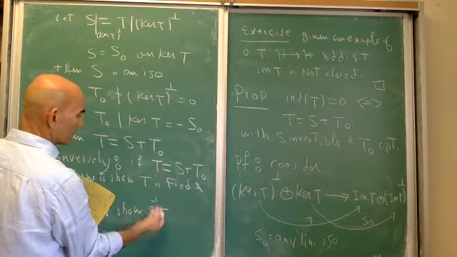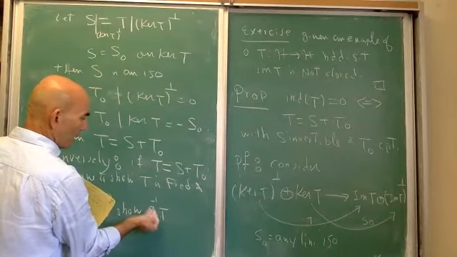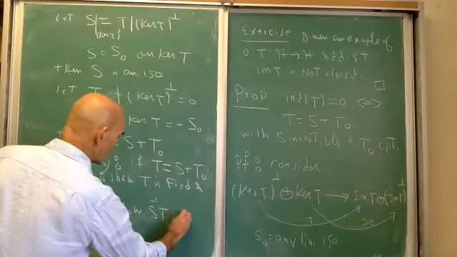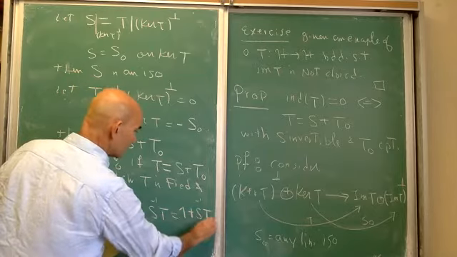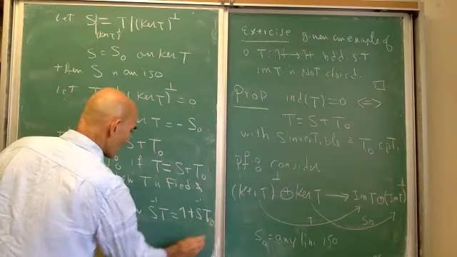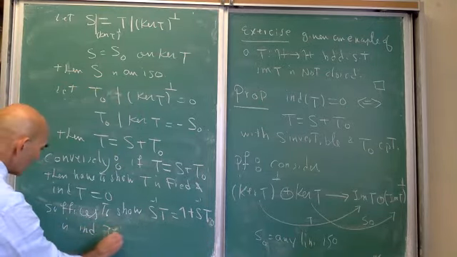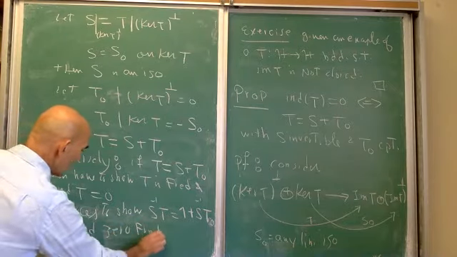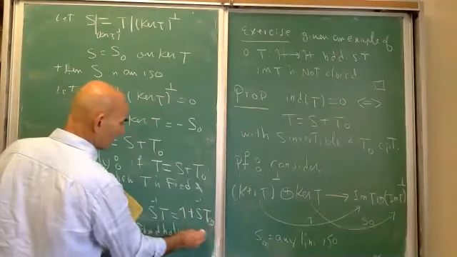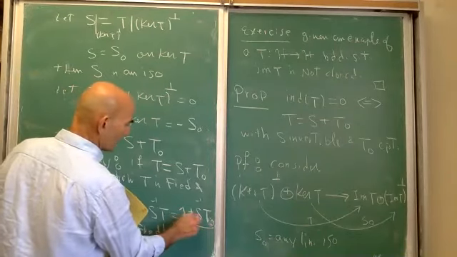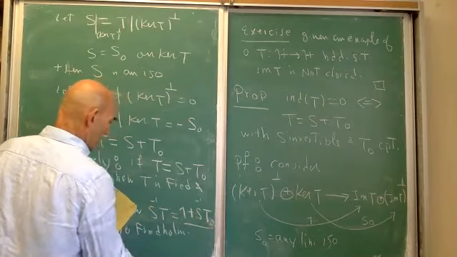The index of S inverse T is the same as the index of T because you're multiplying by an isomorphism. So that's equal to 1 plus S inverse T0, and we need to show it is index 0 Fredholm. So we just have to show that for operators which are of the form identity plus a compact operator, they are index 0 Fredholm.